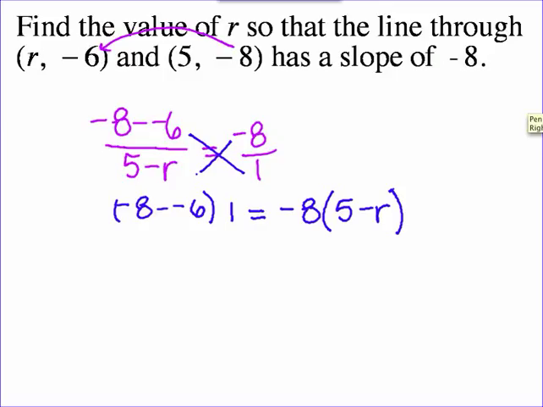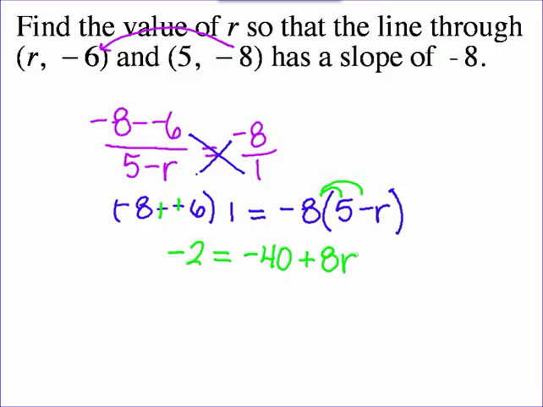So on the left side, what is negative 8 minus negative 6? Negative 2. And if I take that times 1, I get negative 2. On the right side, what do I need to do? Distribute. So I end up getting negative 40 plus 8r.